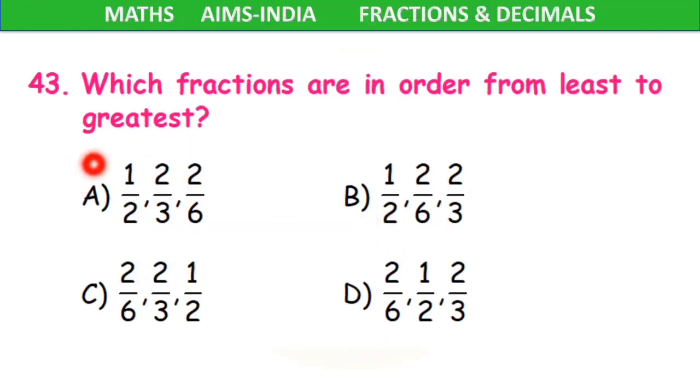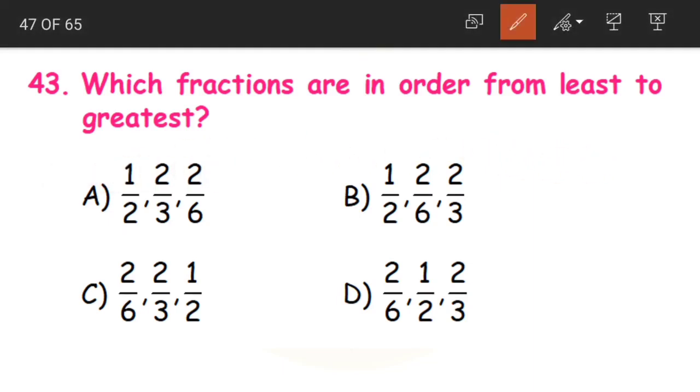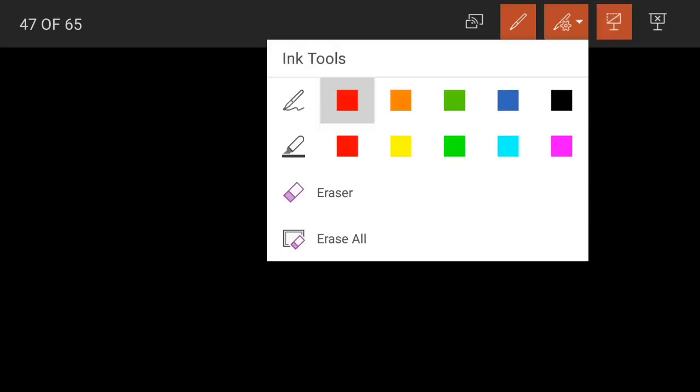Next question 43. What fractions are in order from least to greatest? From least to greatest means it is our ascending order. If you look at all the options here, we are having three fractions in it. What are they? Let me write it here.